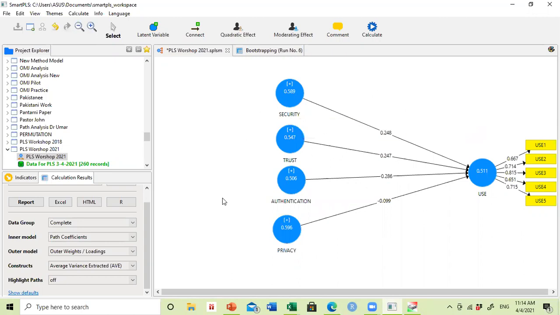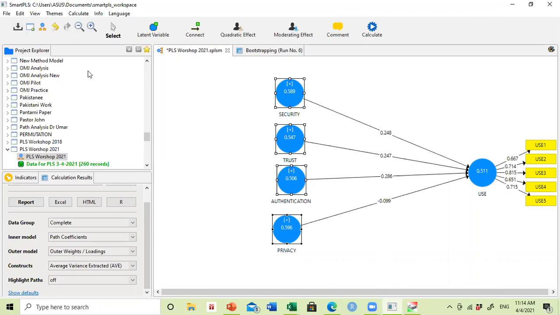Now, this is what we want to see. We want to see the level of the total variance explained by these four constructs. What percent do these four constructs contribute toward explaining the use? That is what is called R squared.